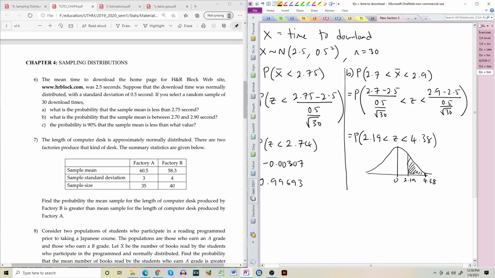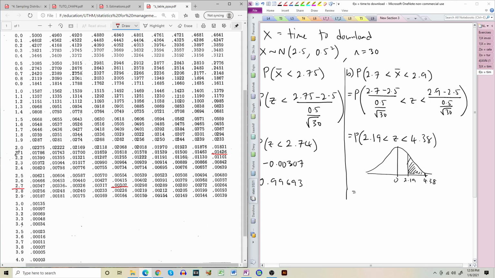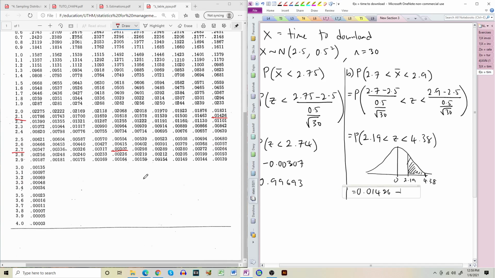So what you do, you take 2.19 from the table, which is 0.01426, and then you have to minus the 4.38, is it? But in the table you don't have 4.38, the maximum number is 4.0, so you take the maximum number here. Okay, from the table we will get this is the answer.